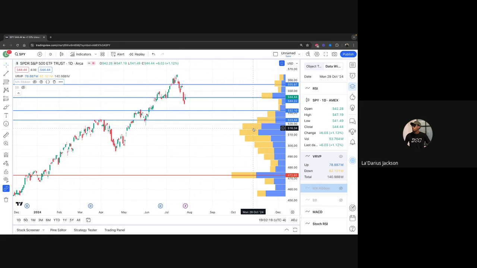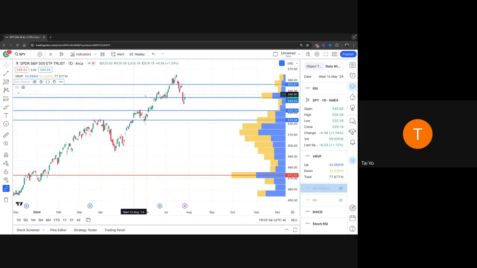But the VRVP is an incredibly useful tool, can give you the volume data, and you can also replace the volume at the bottom of your chart with it. All right. How do you chop it up into smaller nodes?